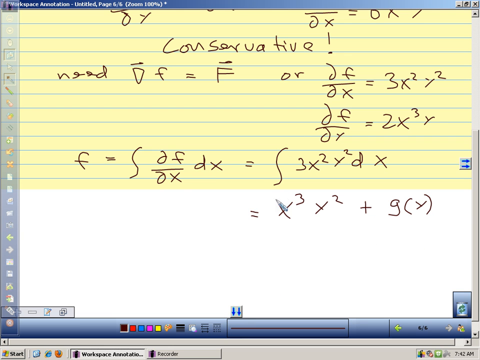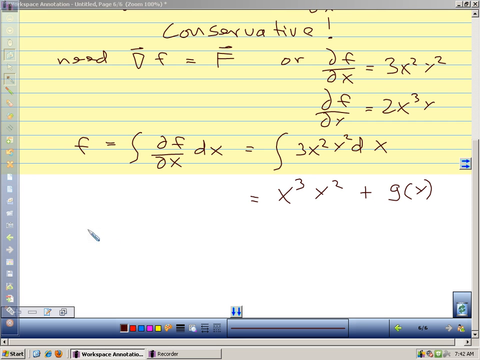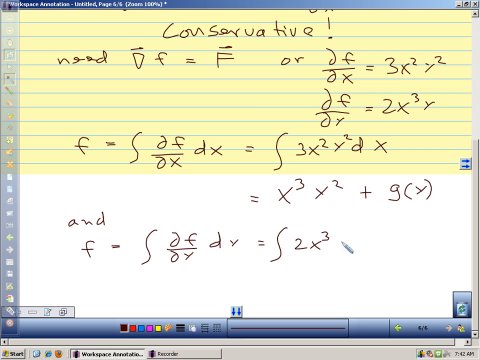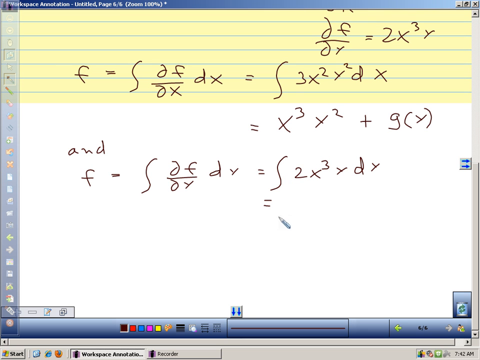And we need to find that from our conditions here. And we also know that f has to equal the integral of df/dy with respect to y. So that's equal to the integral of 2x cubed y dy. And when we integrate that with respect to y, what do we get?